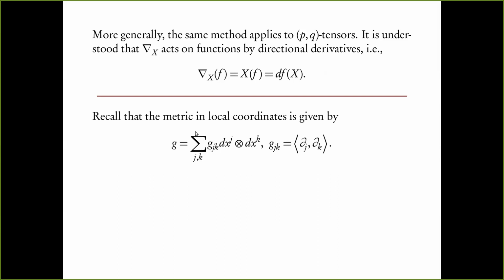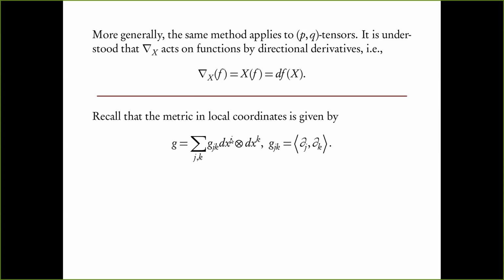And again, if I were using the Einstein summation convention, I would have simply skipped this sum because the j appears here and up here, the k appears here and up here. So this is g_jk dx^j tensor dx^k, and g_jk is nothing but the inner product of del by del x^j with del by del x^k, right? So this is a 0,2 tensor. Okay, this is not a wedge. It is like this, and because g_jk is g_kj, this is a symmetric 0,2 tensor.